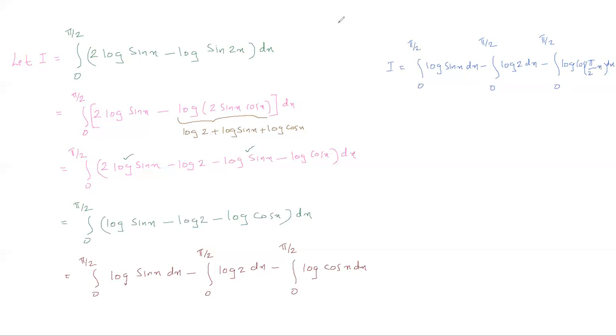So what will happen? This is same as integral 0 to pi by 2 of log cos(pi by 2 minus x), which is sin x, dx.